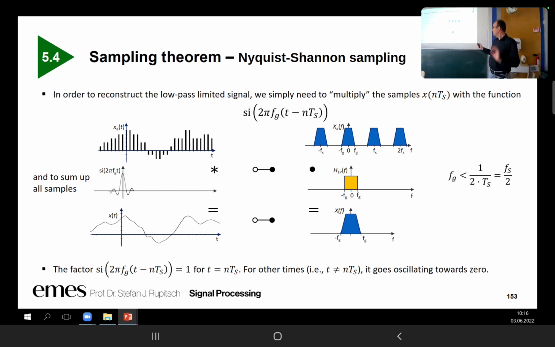Very simple. Low-pass filtering from this Dirac weighted input signal. Is this a good way? What do you think? Is this a good way in the real world to use this sampled version to reconstruct our analog signal?